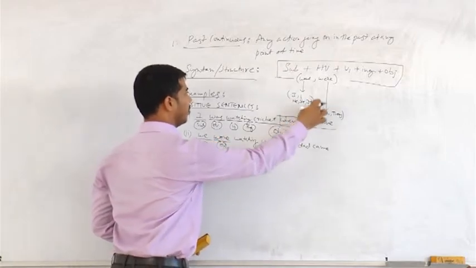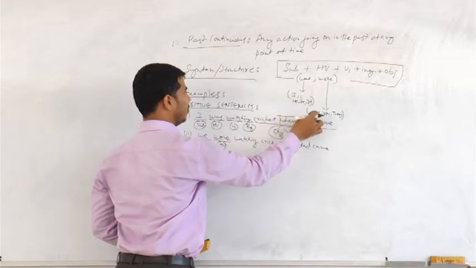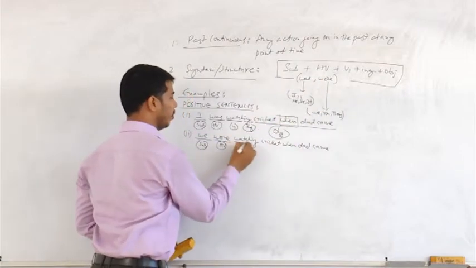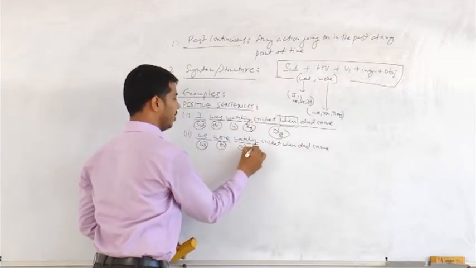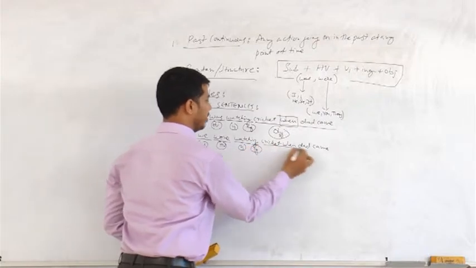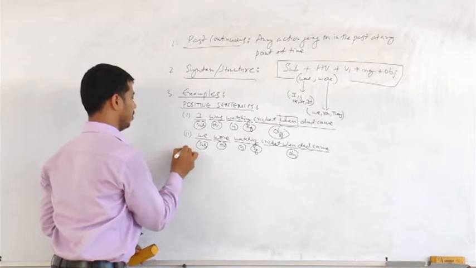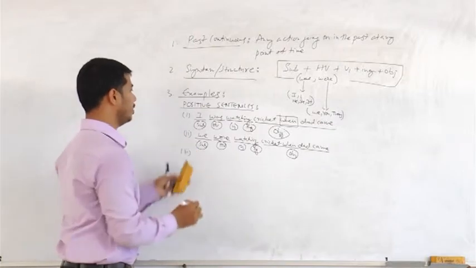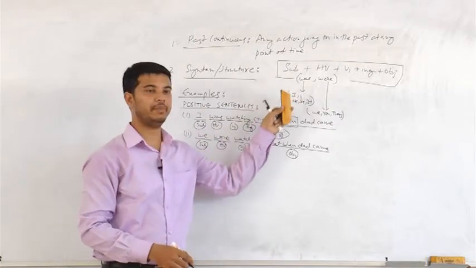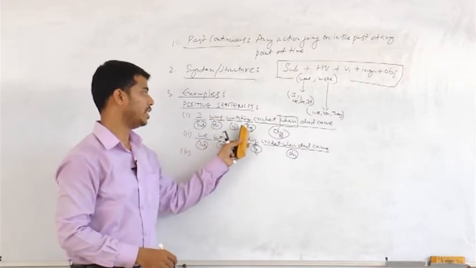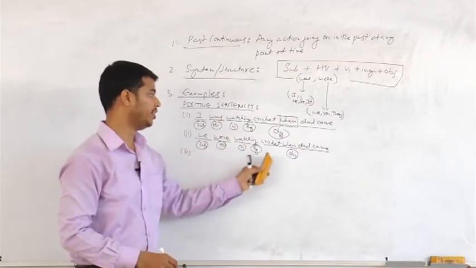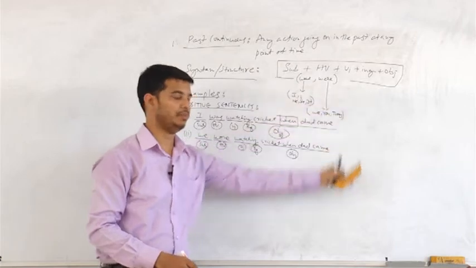With we, what kind of helping verb do we take? We take were, right? Were, watch, V1 ing, and this one is the object. So if you observe these two examples, both follow the structure subject, helping verb, V1 ing, object, right?